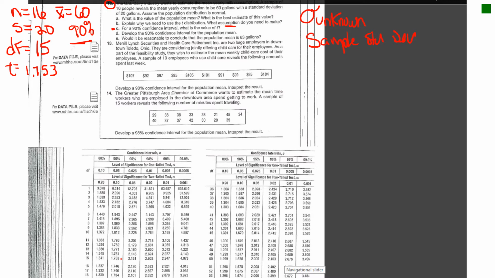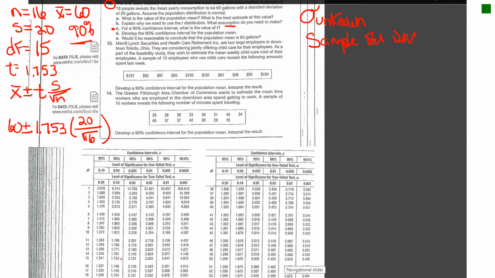So now the formula is x bar plus or minus your t value multiplied by S over the square root of n. So if 60 is my sample mean, plus or minus the t value we just figured out, 1.753, we're going to multiply that by 20 divided by the square root of 16.